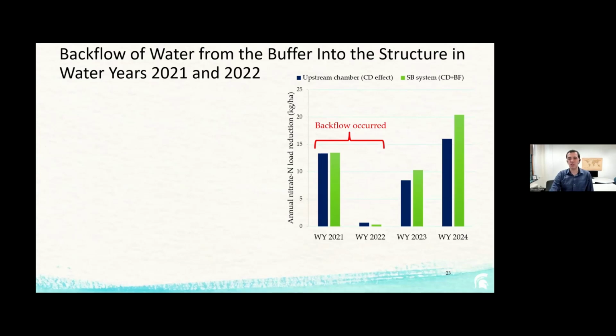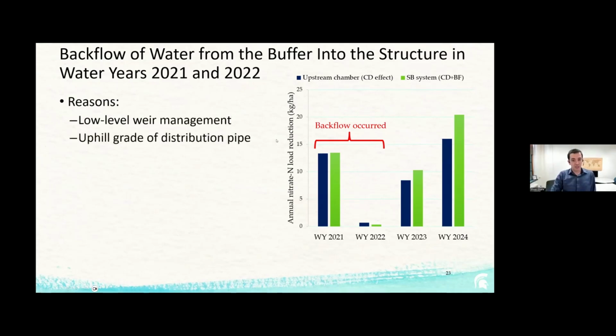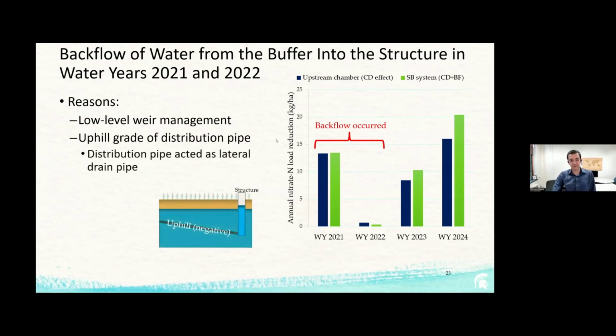So in the first 2 years, we had very mild management and the backflow occurred in these 2 years. The reason was we had low level weir management. The weirs were even lower than the numbers that I showed you when I was comparing those low and high. And then the uphill grade or the negative grade moved water inside the structure, like this graph here.